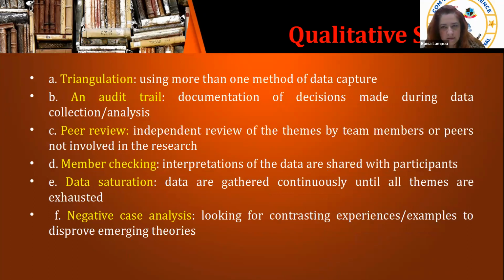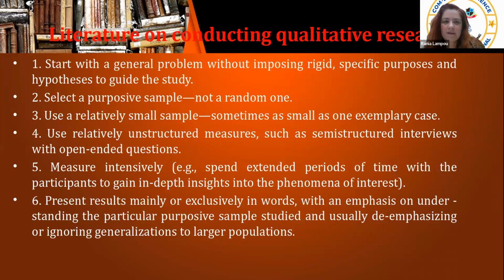Of course, these are the main methods: triangulation, using more than one method of data capture, and audit trail, or peer review; member checking, when interpretation of the data is shared with participants; data saturation, when data are gathered constantly until all the themes are exhausted; and negative case analysis, when we look for contrasting experiences or examples to disprove emerging theories.